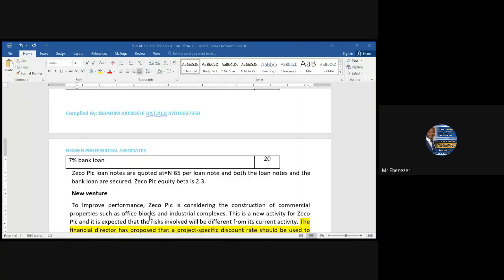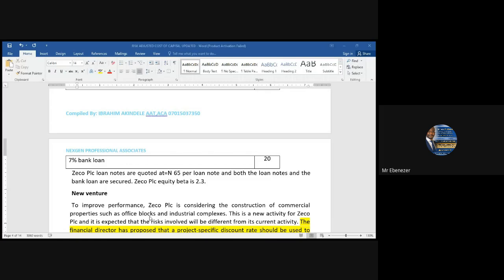The higher the risk, the higher the return. We could say the company's stock is risky because it is greater than 1. That is just what you need to say. Because it is risky, it is greater than 1, that means the return will be higher, because the higher the risk, the higher the return.